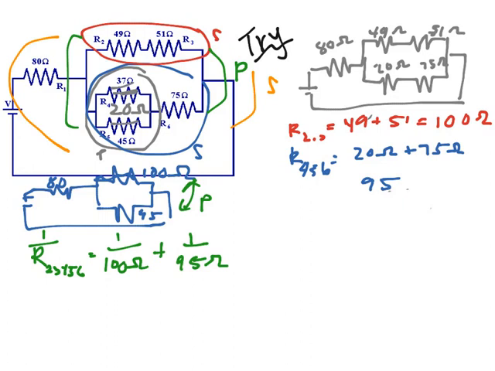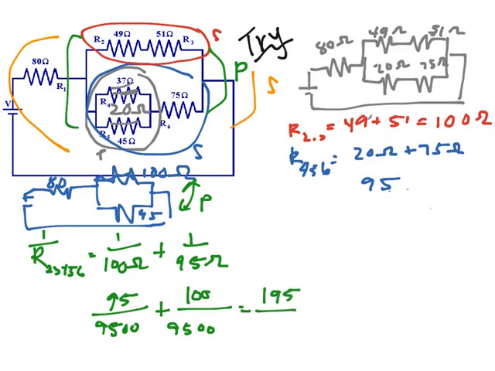Again, it's probably easiest just to multiply them by each other. So you get 95 over 9,500 plus 100 over 9,500. Add them up. You're going to get 195 over 9,500 equal to 1 over R 1 through 6, is what I'm going to say now.